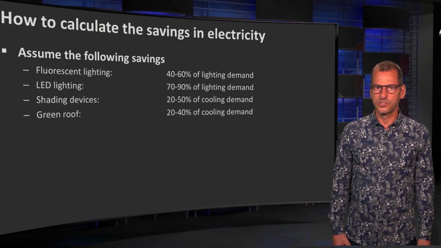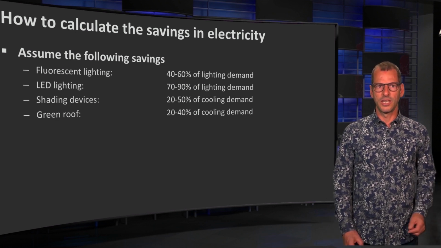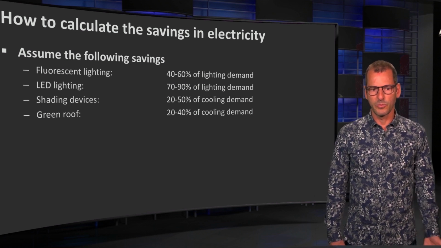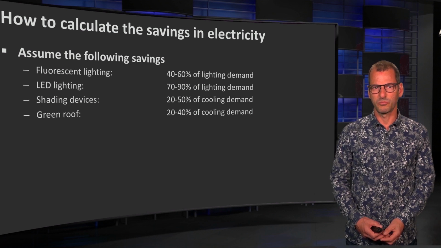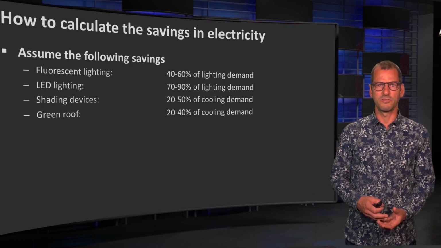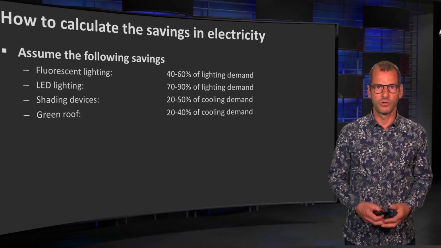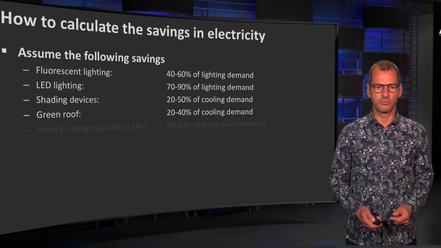The same applies to a green roof. Many of you propose green roofs, which can, of course, limit the temperature going through the roof into the building and thereby saving the cooling. It depends, of course, how many floors you have. If you have more floors, your roof is relatively smaller and then has little influence. But if you have one floor only, then of course it can make a big difference. Estimate it yourself.